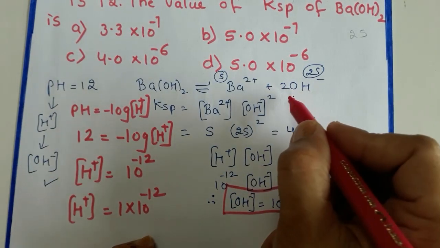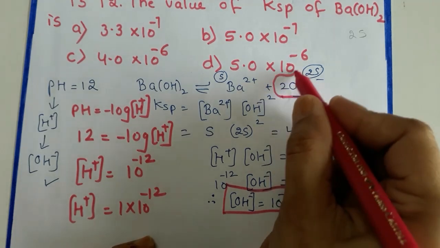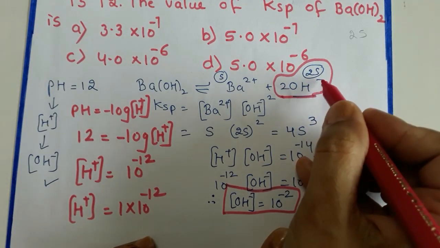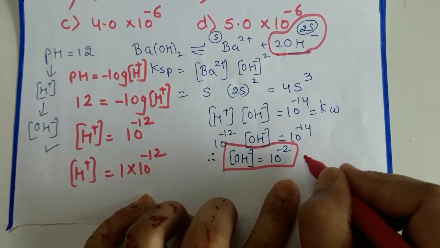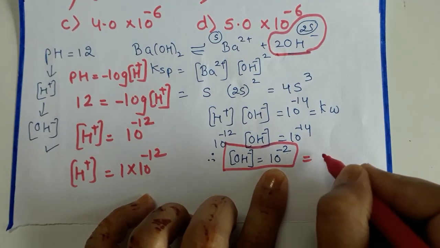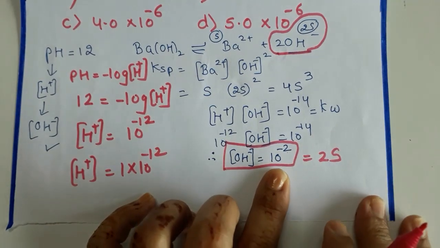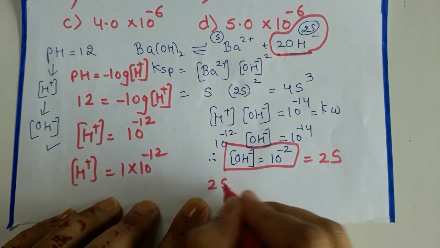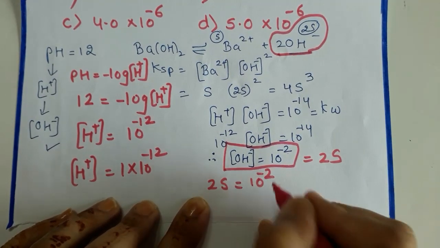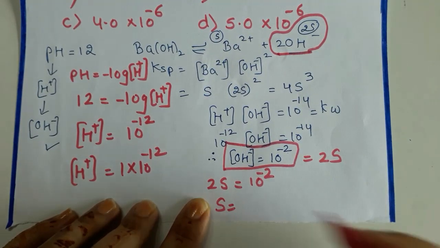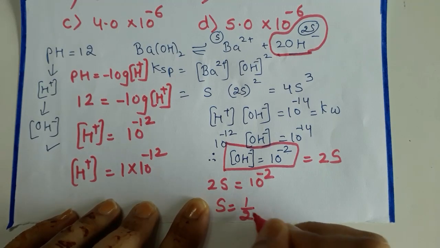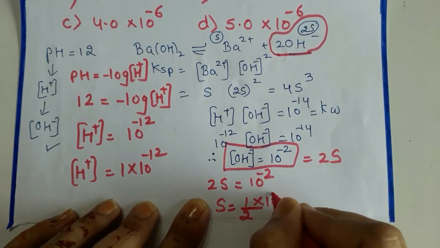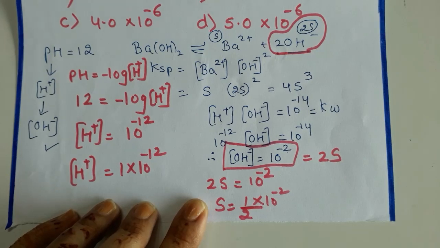But in the reaction we have written concentration of OH minus as 2S. So what we will do? 10 raised to minus 2 is equal to 2S. Okay, so 2S is equal to 10 raised to minus 2, hence S is equal to 1 upon 2 into 10 raised to minus 2. Now what we will do?